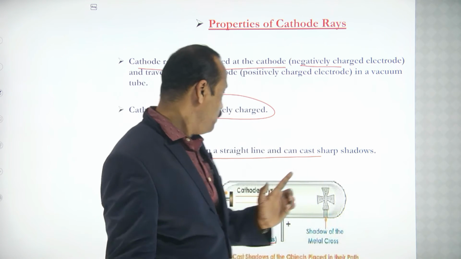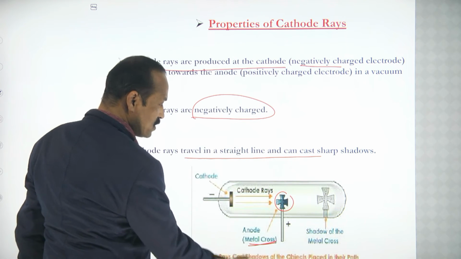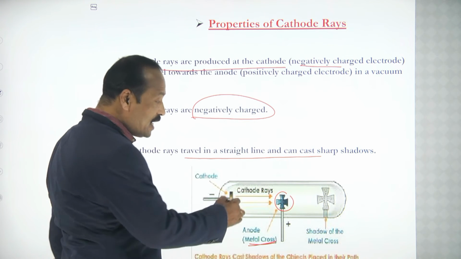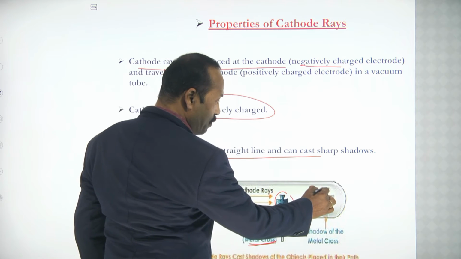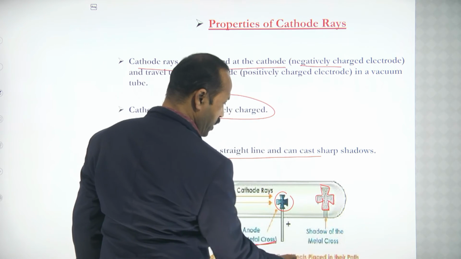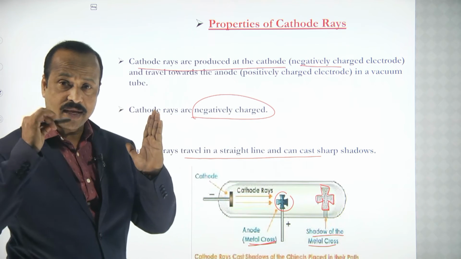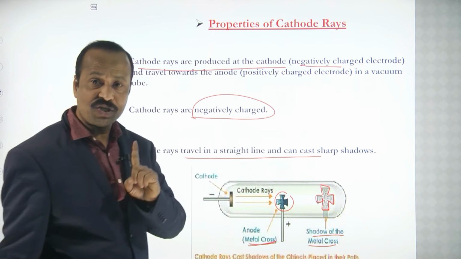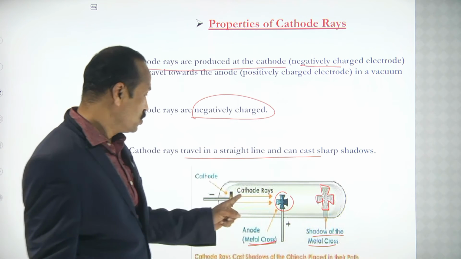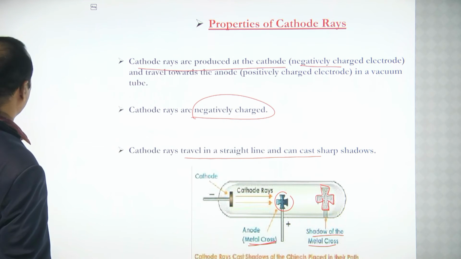Similarly, in the path of cathode rays, J.J. Thomson arranged one metal cross, and he observed exactly behind it the shadow of the metal cross. The meaning is that the cathode rays are traveling in a straight line. Is this clear to you? So this is one more property, that cathode rays travel in a straight line.